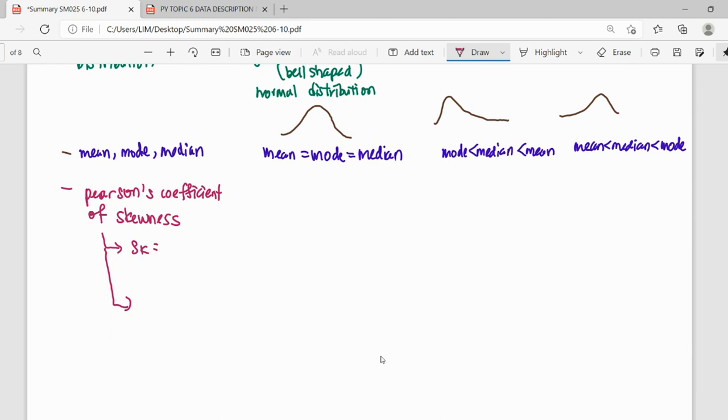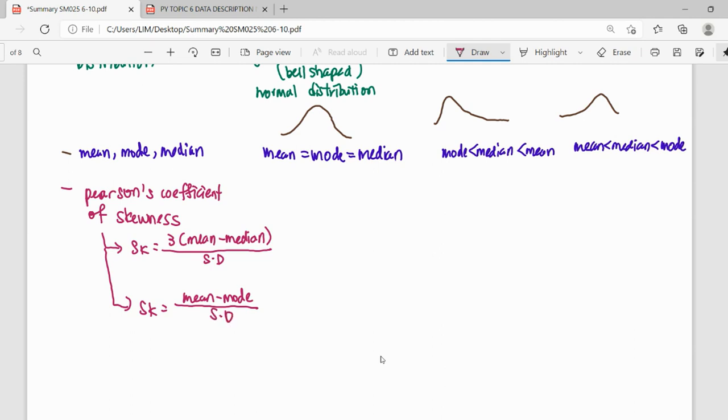The first formula uses mean and median, divided by standard deviation. Another Pearson coefficient of skewness uses our mean and mode: mean minus mode, divided by its standard deviation.